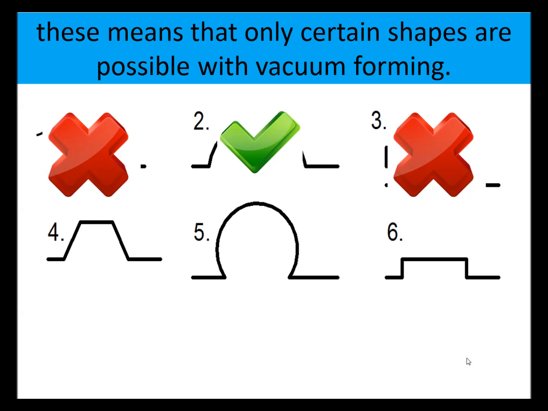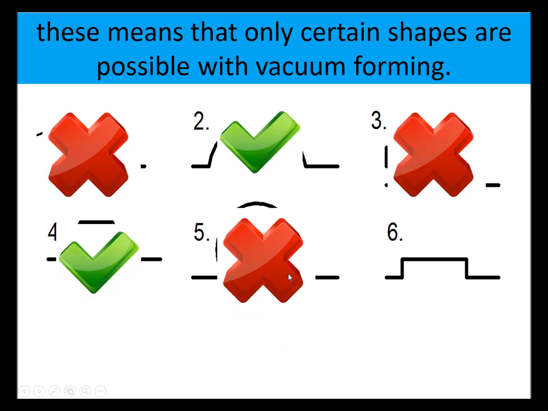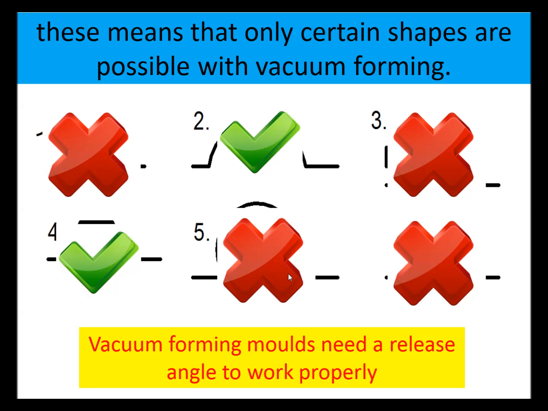Number 4, as we looked at, is an ideal shape for a vacuum forming mold. Number 5 would be a problem because it undercuts here. And number 6 may work but generally won't, especially as they get taller. Vacuum forming molds need a release angle to work properly.